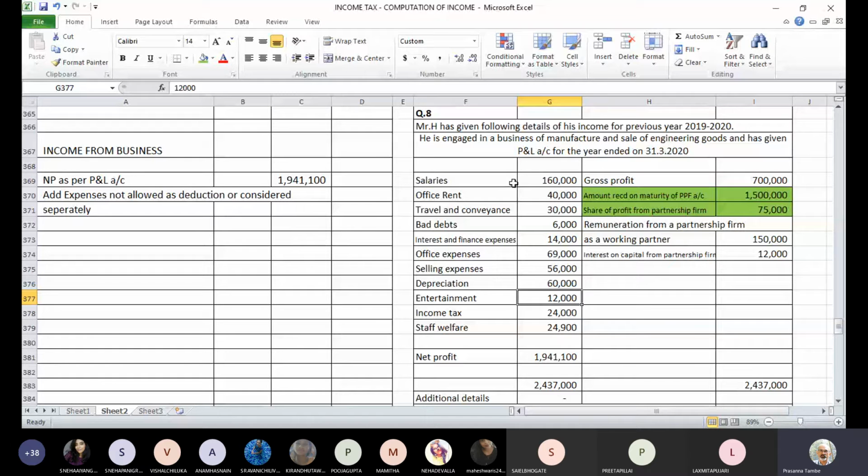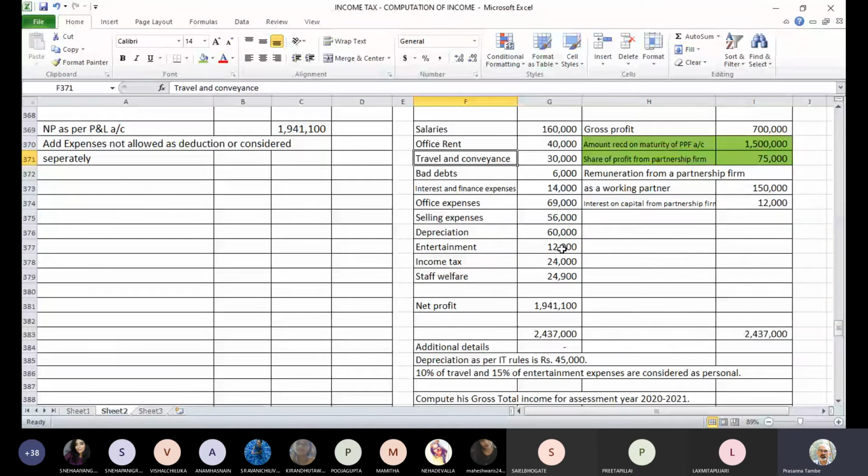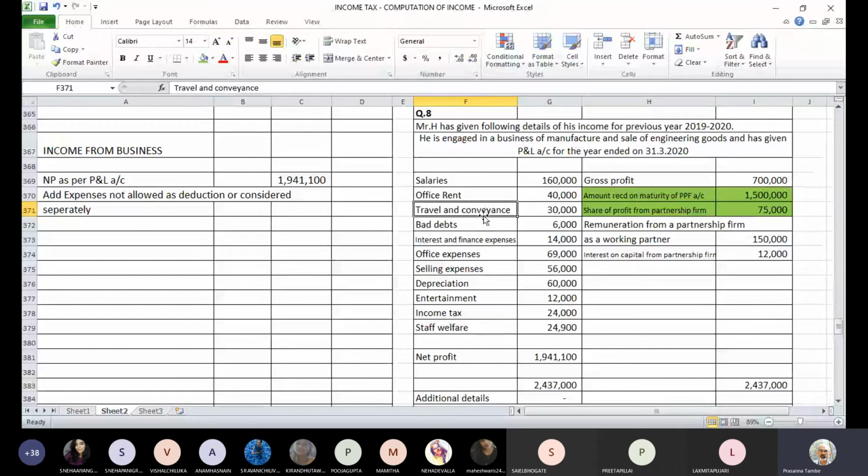Starting from salary, no issue. Salary and office rent are both allowed as deduction. But travel expenses, 10% will be disallowed. So add the first item, travel expenses. 10% of 30,000 is 3,000.